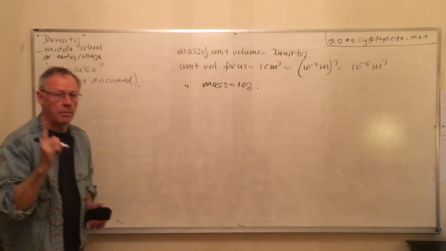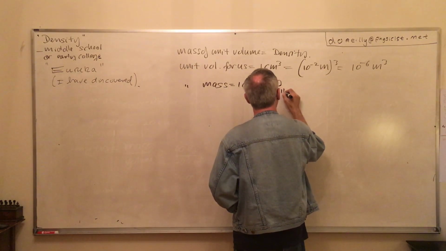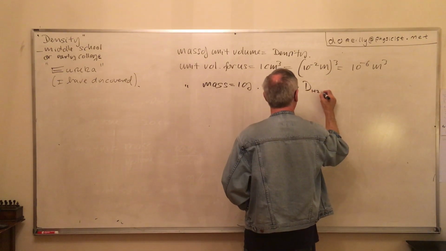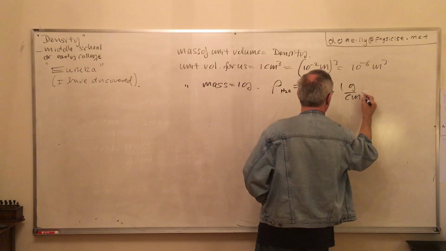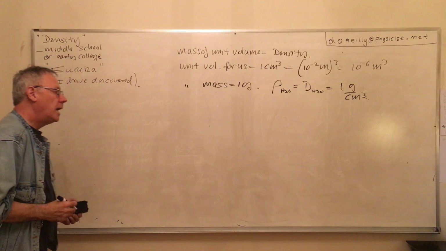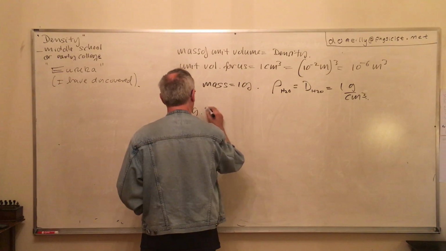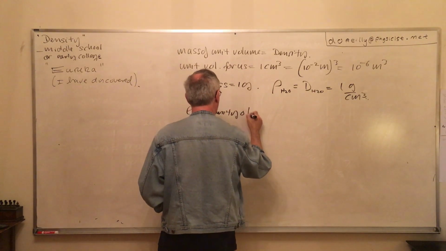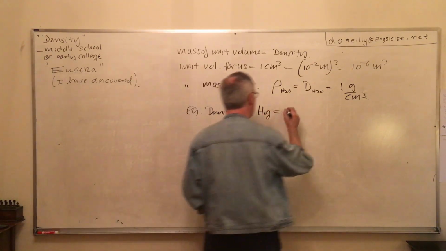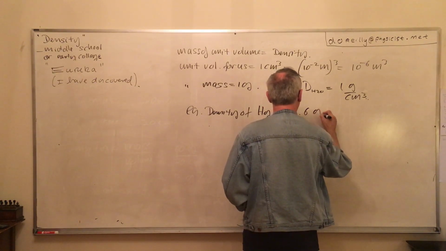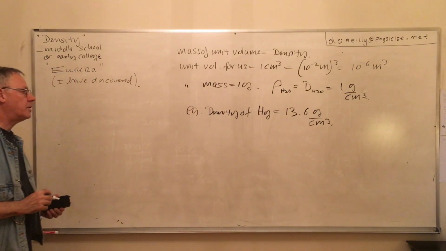And the unit of mass is 1 gram, or the weight of a single cubic centimeter of water. The density of water is 1 gram per cubic centimeter, but all other substances have different densities. Hg, try to remember, is the symbol for mercury. Its density is 13.6 grams per cubic centimeter.